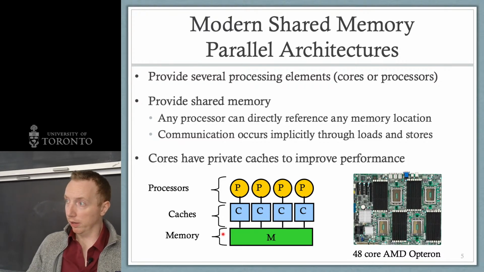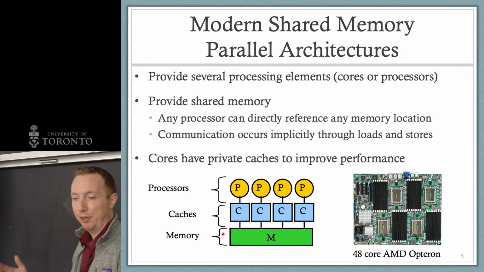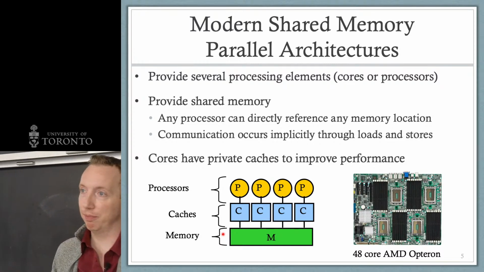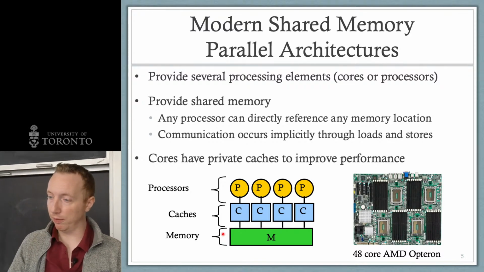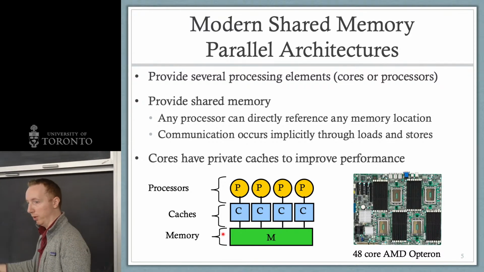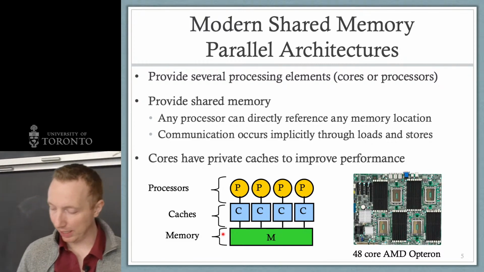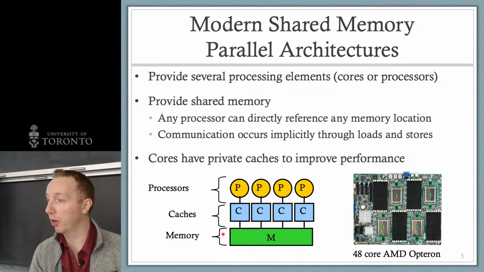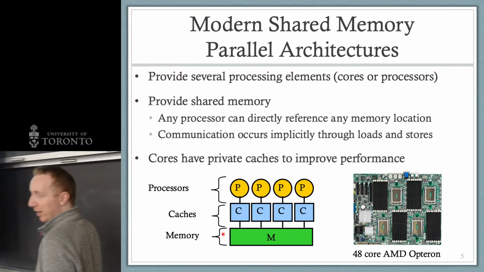So, if you have shared memory, any processor can directly reference any memory location, and communication, sometimes you just implicitly have it by changing values in memory, communicate something to a different core. But since cores have their own private caches, it is actually much harder to actually communicate between different threads than it might seem.